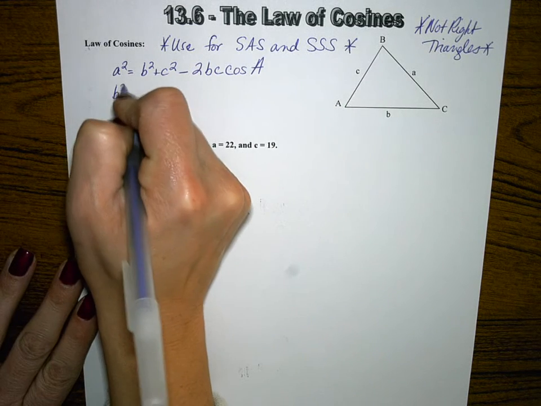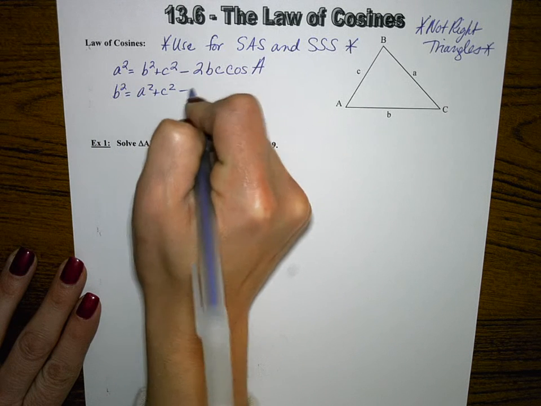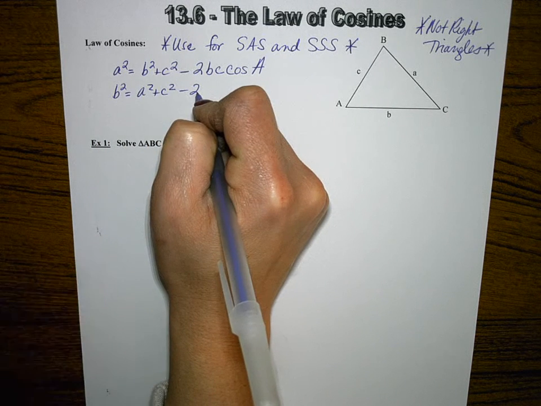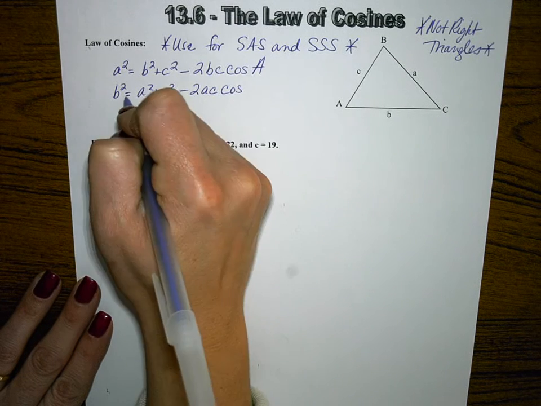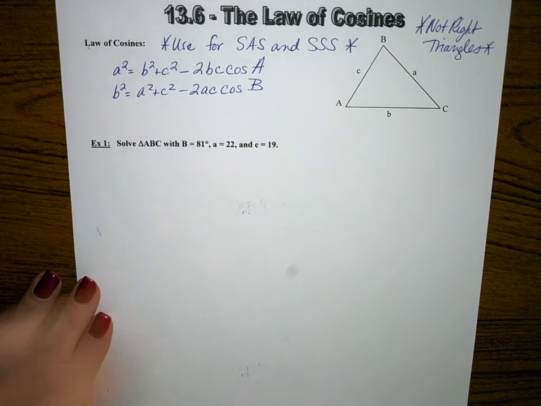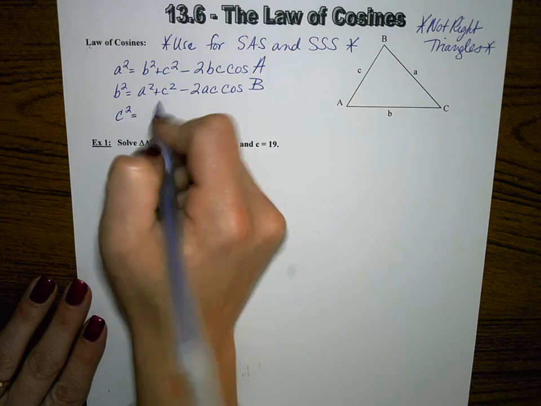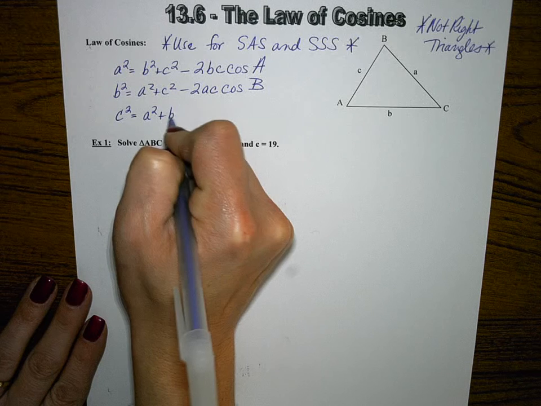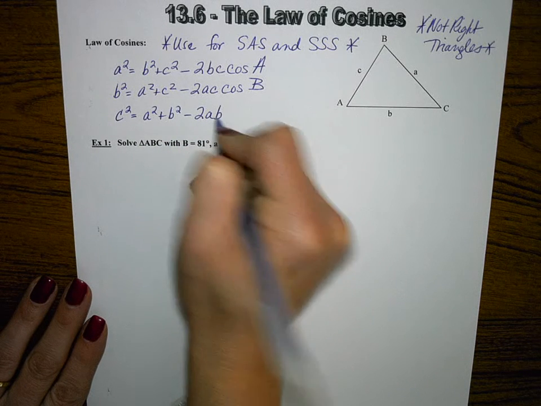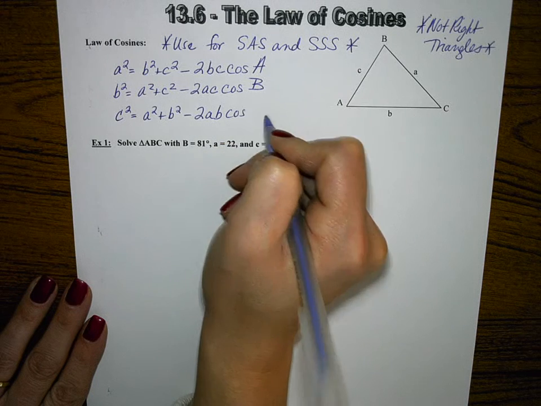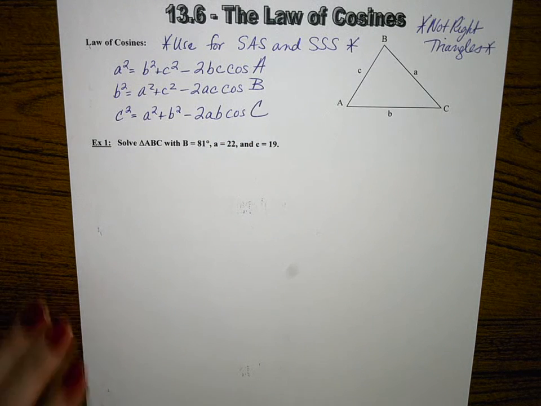So if I'm looking for little b squared, it's equal to my other two sides squared, a squared plus c squared, minus 2 multiplied by my other two sides, a times c, times the cosine of my angle that matches the side I'm looking for, which is big B. And once again, if I'm looking for little c squared, I'm looking at my other two sides squared, so a squared plus b squared, minus 2 multiplied by my other two sides, a times b, times the cosine of the angle that matches the side on the other side, so the cosine of angle C.